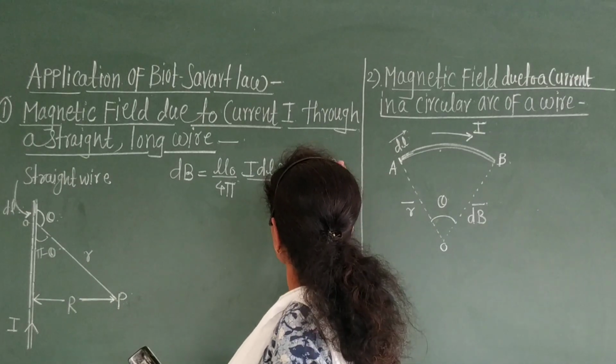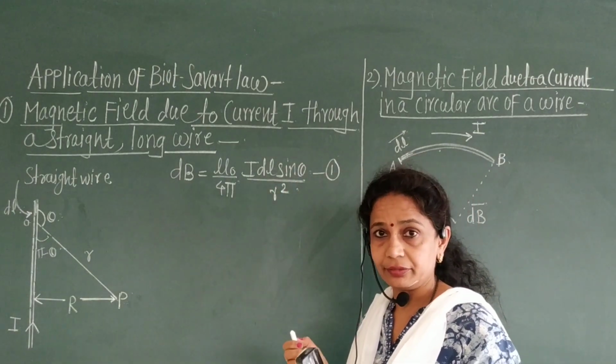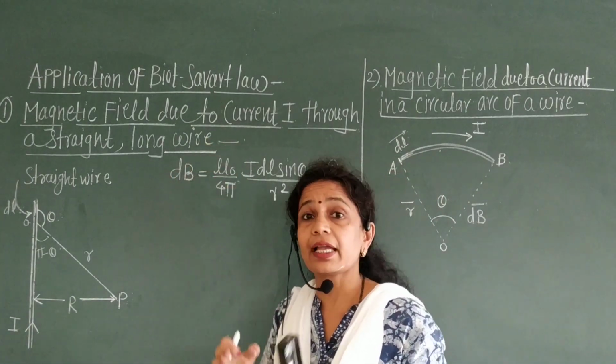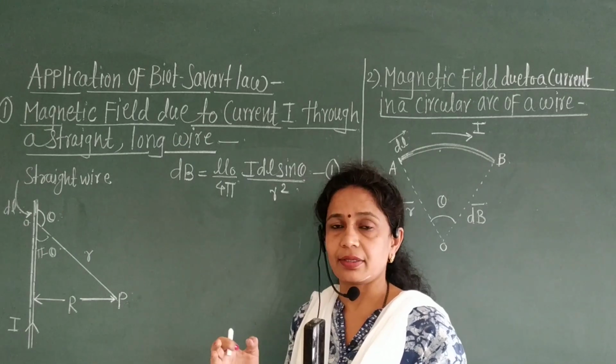Say this is equation number 1. Then this wire is infinitely long. Let us calculate it in two parts.